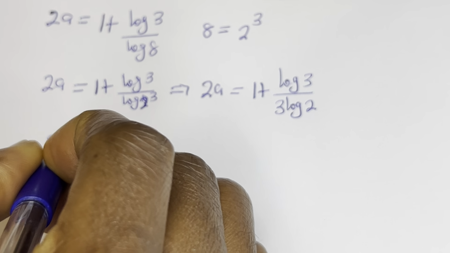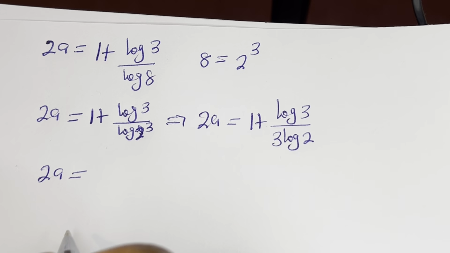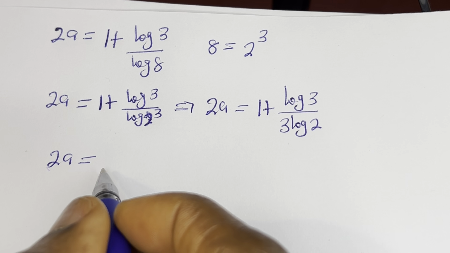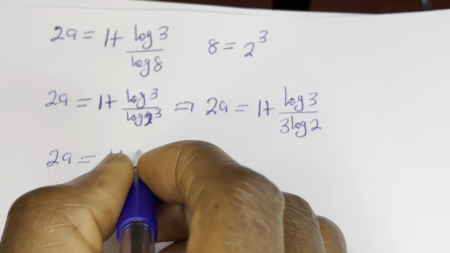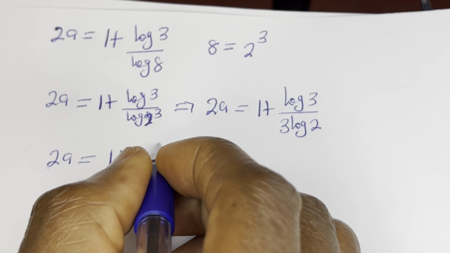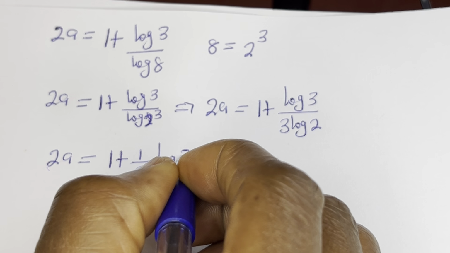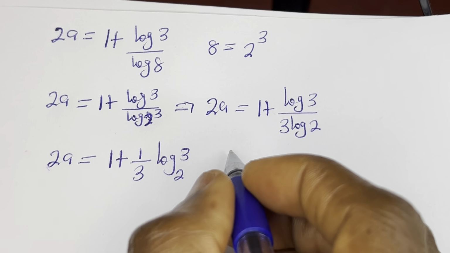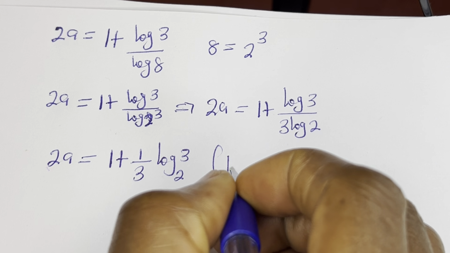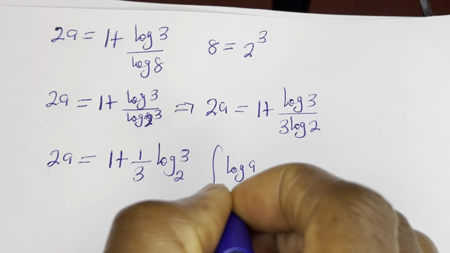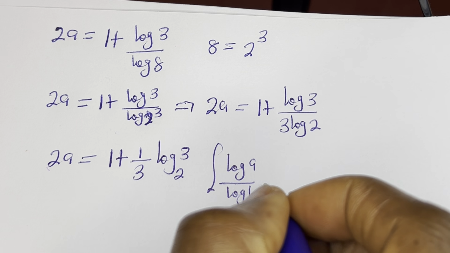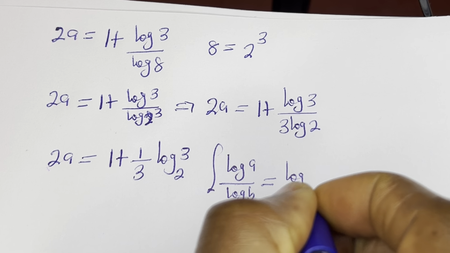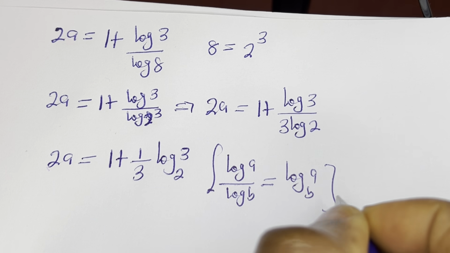Then 2a is equal to 1 plus, this is 1 over 3 log 3 base 2, because if you have log a divided by log b, this is equal to log a base b.